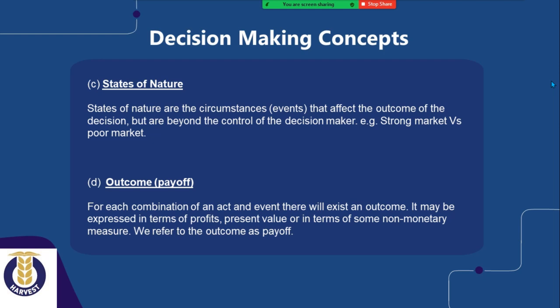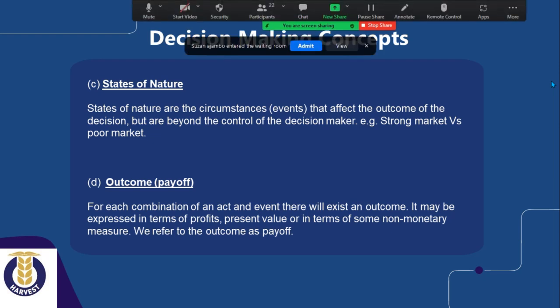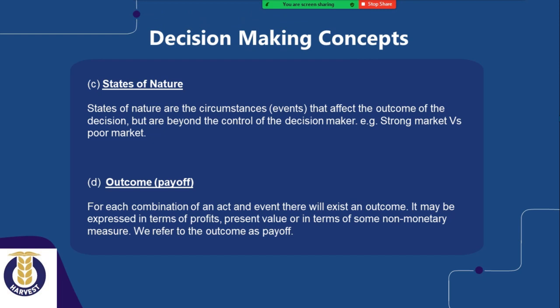Now, these outcomes in economic terms are expressed in terms of profits, present value, or we can also consider some non-monetary measure. So these are what we call the payoffs. So each decision that you make, trust me, you will receive your payoff one way or the other.